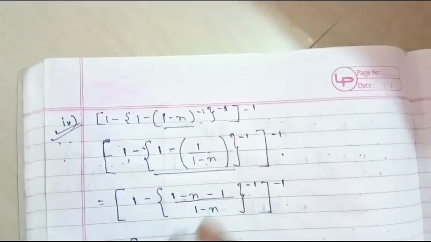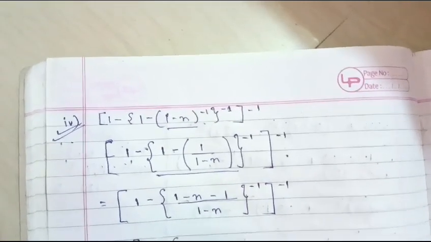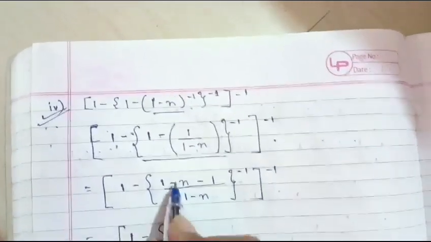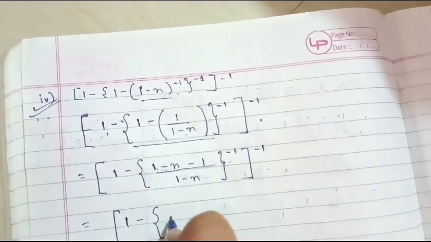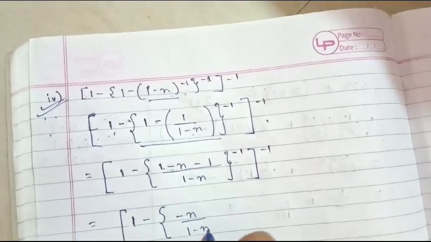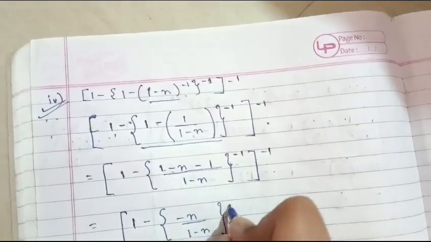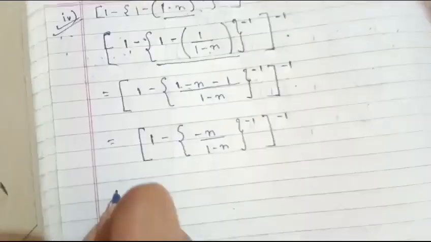Now we try solving this. What are we going to get? 1 minus 1. We are left with minus n upon 1 minus n raised to the power minus 1 and whole raised to the power minus 1 again.